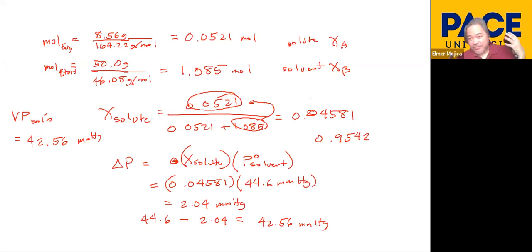So usually that happens when you have a volatile solute. Now, in some instances, the total is much lower than the one predicted by Raoult's law. So in that case, your A-B interaction, how A and B interact with one another, is greater than A-A and B-B.